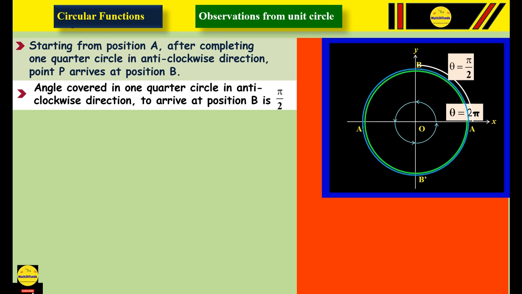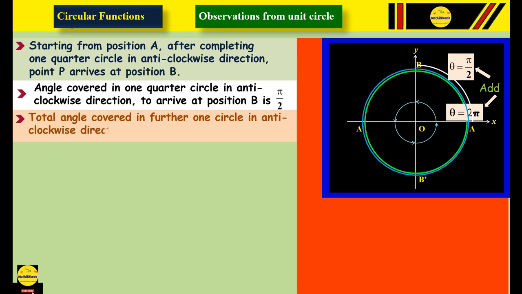Now, by covering angle 2 pi, it reaches back to position B. So, total angle is how much? Total angle would be 2 pi plus pi by 2. That means first pi by 2, that is one quarter circle, and one complete circle will give you 2 pi. So, total angle is 2 pi plus pi by 2 and point P reaches back to position B.